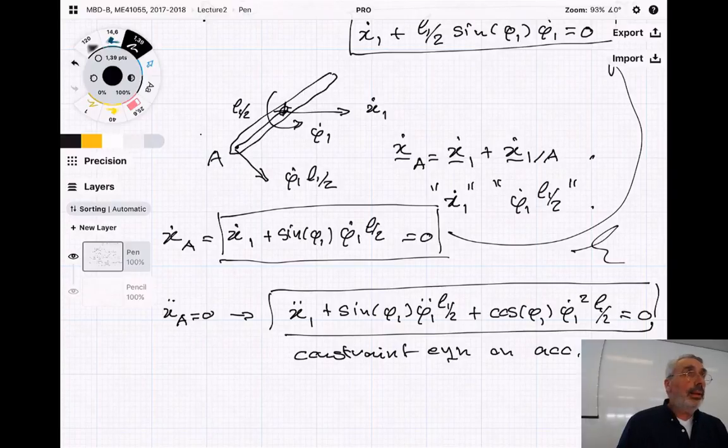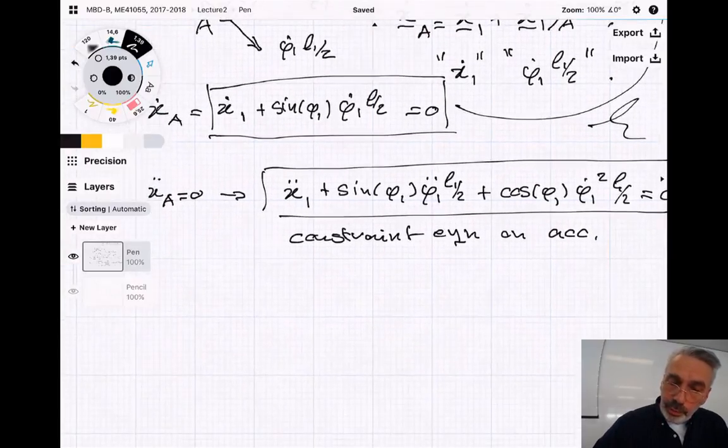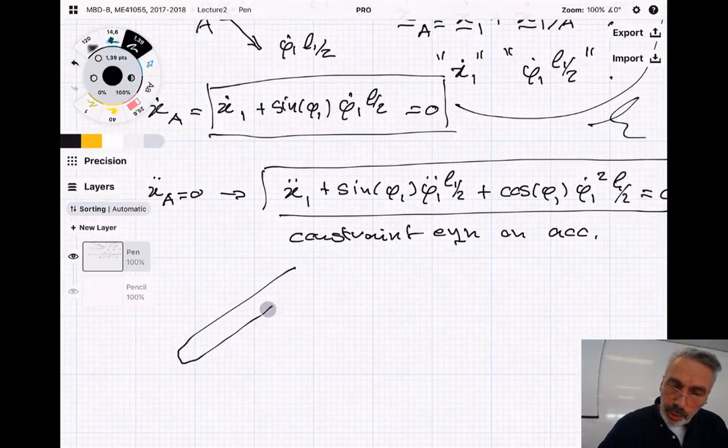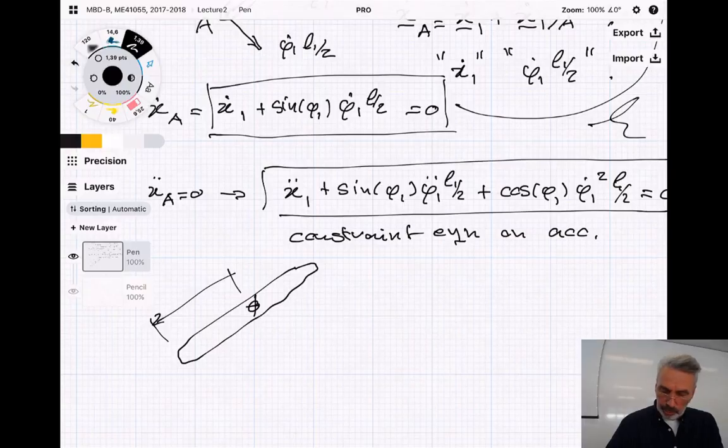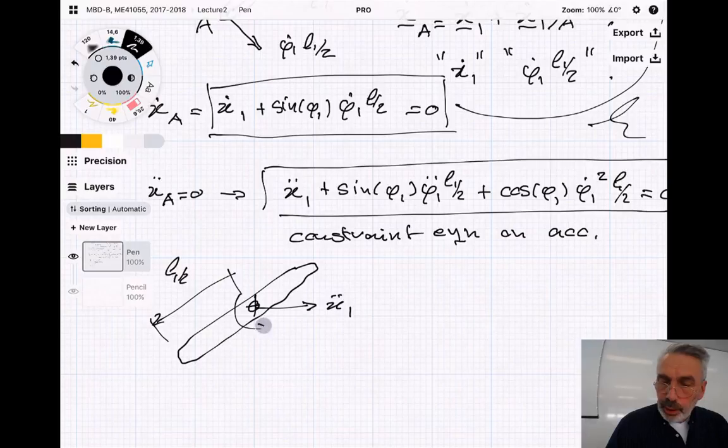And again, you can interpret this geometrically. So again, you can draw a figure. So we have this bar, the center of mass, we have this L1 over 2. So the center of mass has a linear acceleration of x double dot 1. And about the center of mass is this angular acceleration, this one.